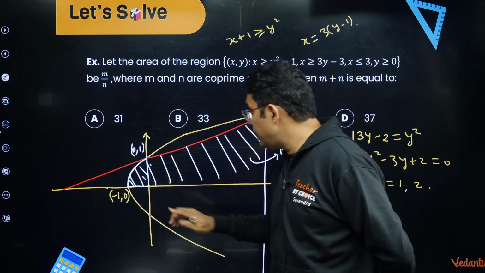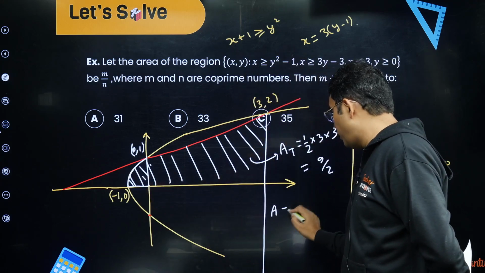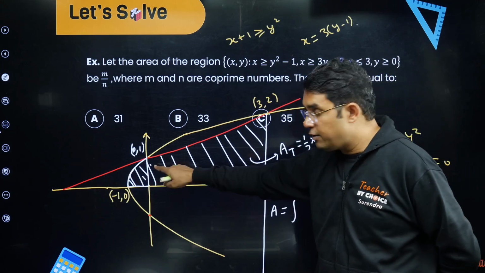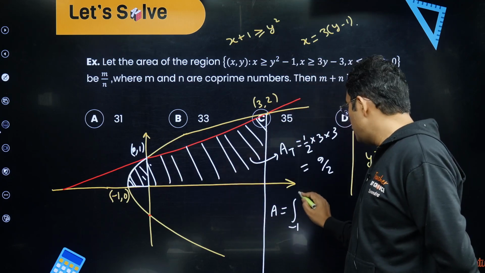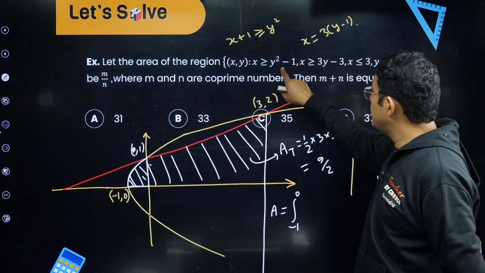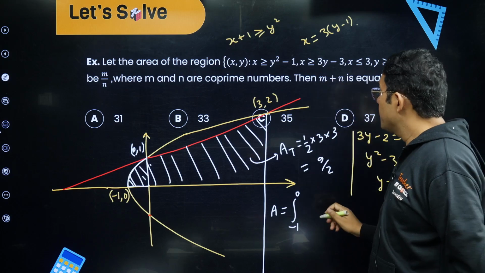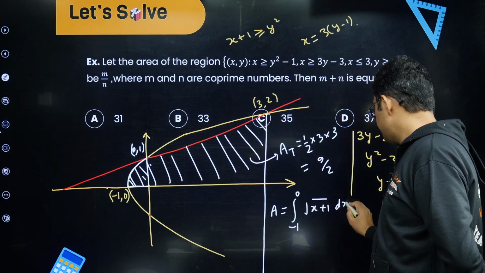Now for this area, we need to find this area by integration if you want to know. But I'll tell you another way also to find this integration. It will be from -1 to 0, and the graph is, if I write y in terms of x, y equal to root over x plus 1, dx.